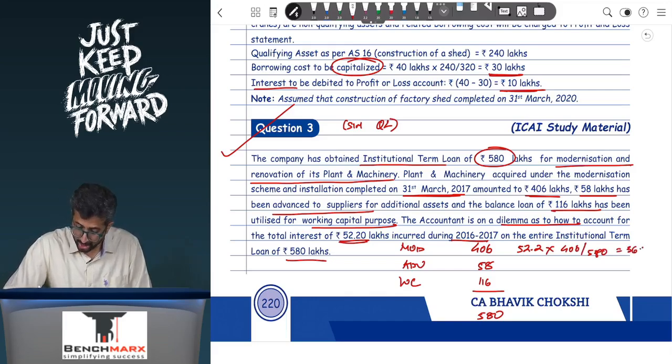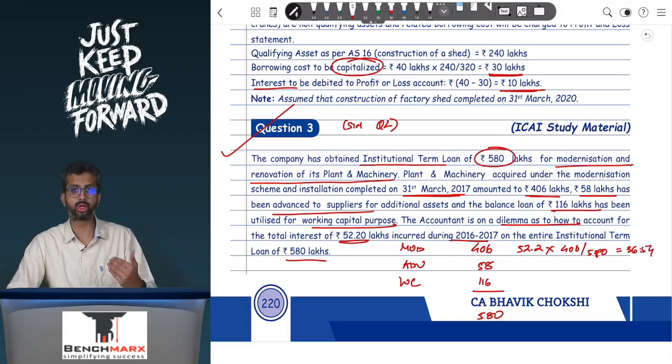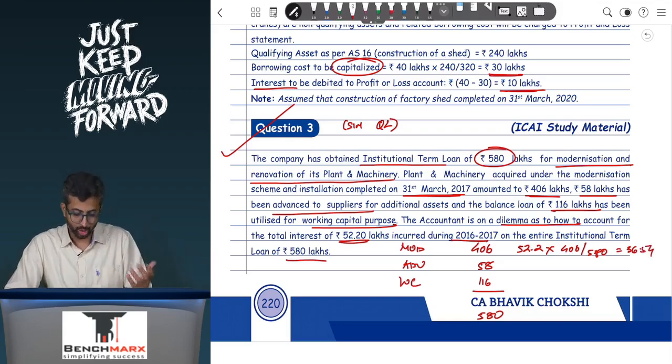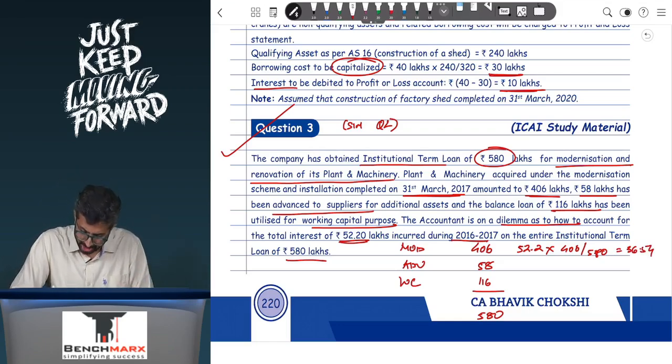Now what will I do with this 36.54? This is attributable to modernization and renovation of the plant and machinery, which is assuming to be taking a substantial period of time, and hence this is towards a qualifying asset. So what will you do? Sir, capitalize. For the other items, let's say 52.2 into 58 upon 580, that comes to around 5.22.